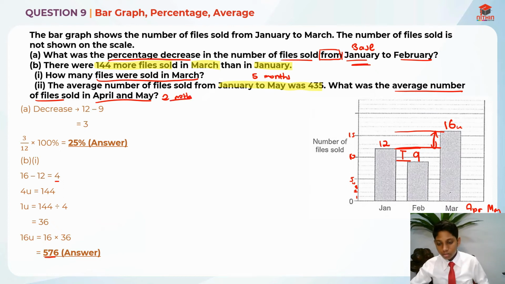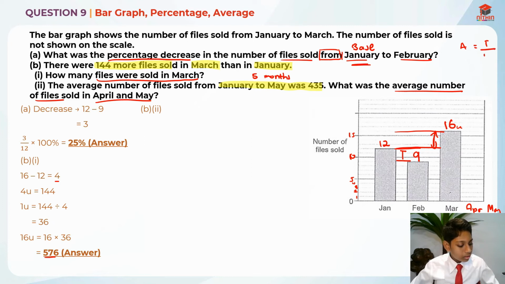Okay, so now how do we do this? Let's find the total number from January to May first. In order to find the total number, we just need to take 435 times 5 months, because to find the average, the average is actually the total number over the number of months in this case.